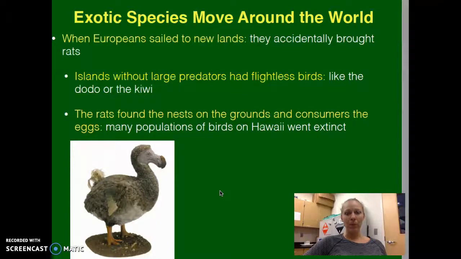They're a bird that can't fly. They are kind of like chicken nuggets. Examples are the dodo or the kiwi. So what happened when we brought rats onto islands with flightless birds is that the rats would go to the nests and eat the eggs, decimating flightless bird populations.